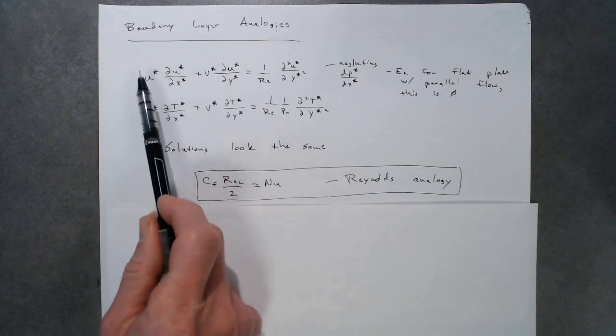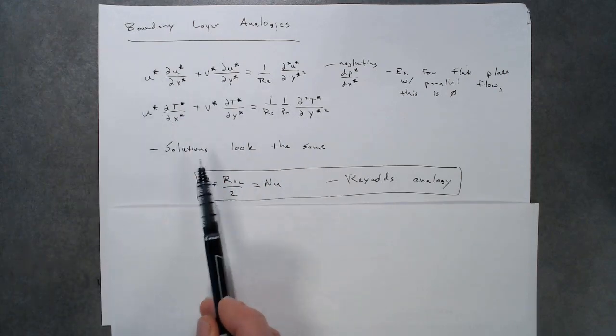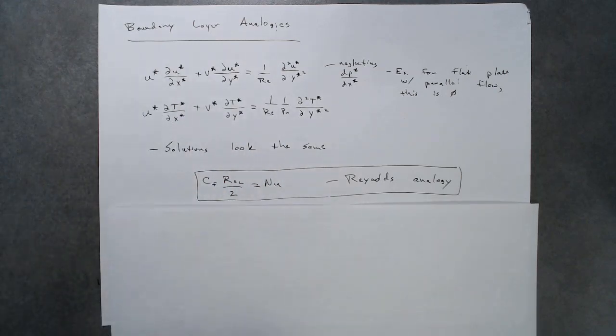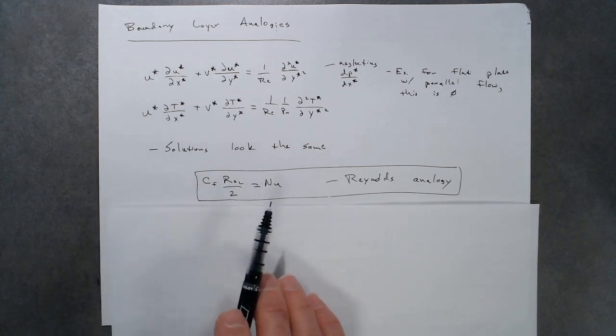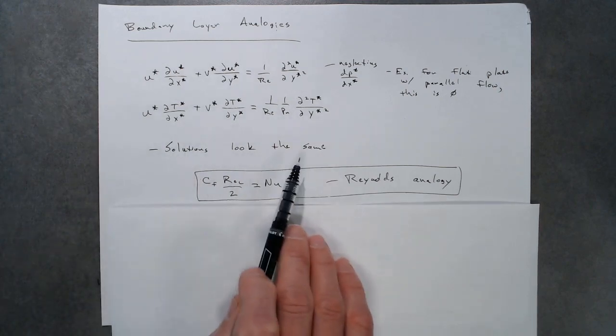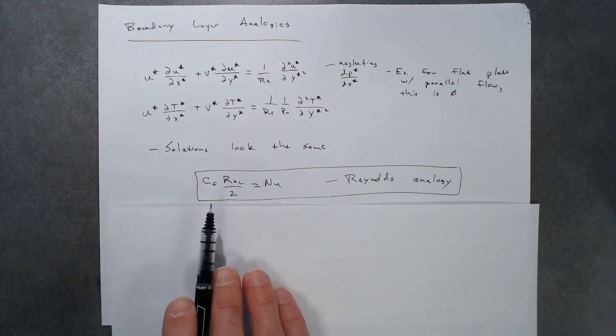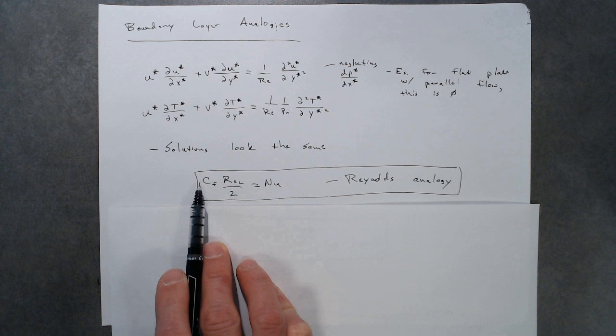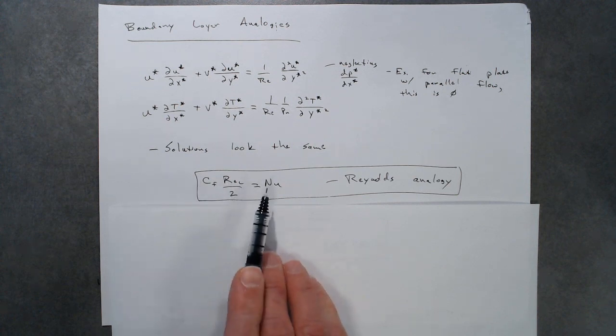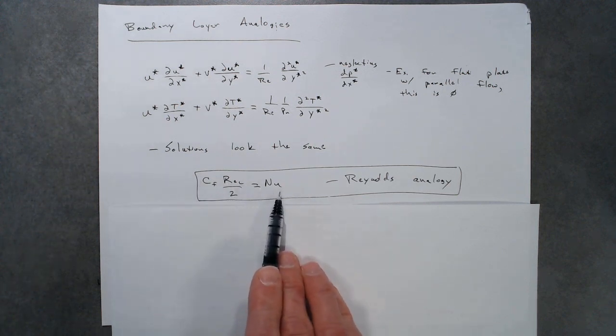And so if these solutions look the same, then we ought to be able to express some relationship between the diffusion of momentum, or force, and the diffusion of heat. And explicitly, we can write this similarity in the solutions as an equivalence between the drag coefficient times the Reynolds number over 2 and the Nusselt number.